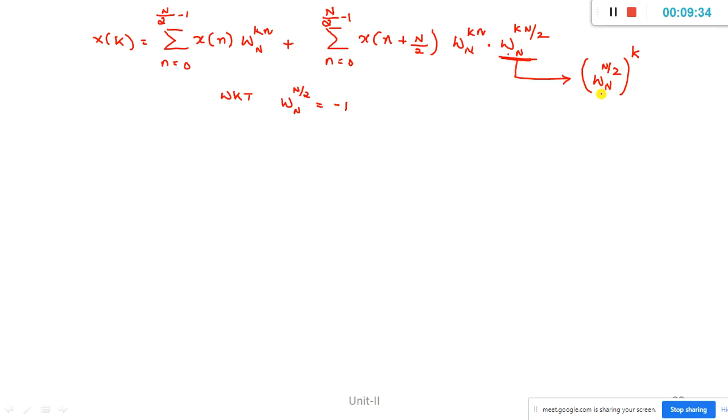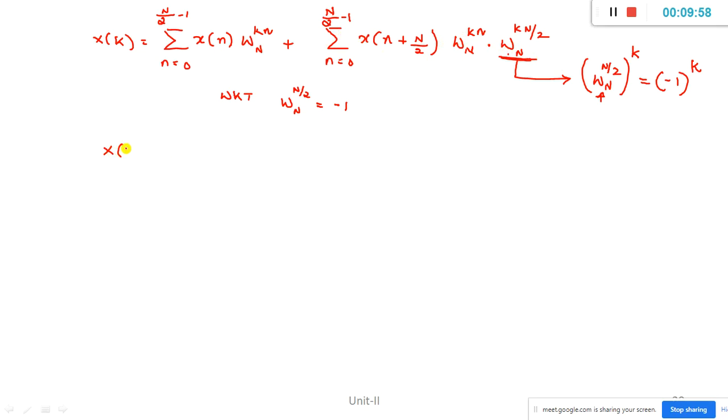This value is nothing but minus 1. So I write this as minus 1 whole to the power of k, remains as it is. Now look at this. The summation is ranging from n runs from 0 to n by 2 minus 1. There is no point of keeping this minus 1 whole to the power of k within this summation. It doesn't affect it. So let me take out this portion outside.